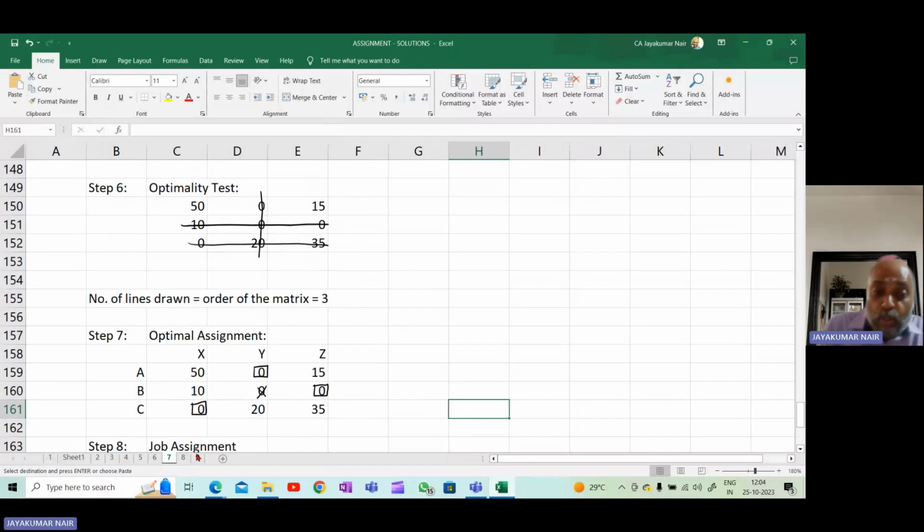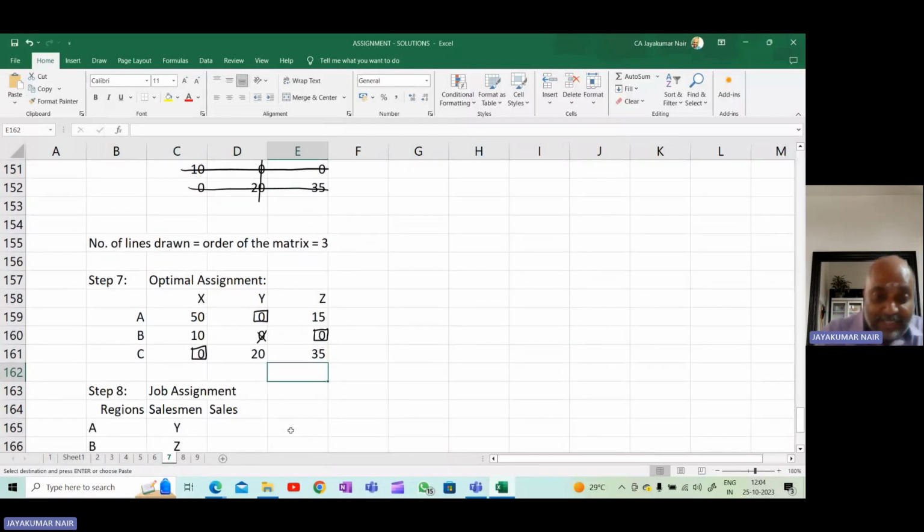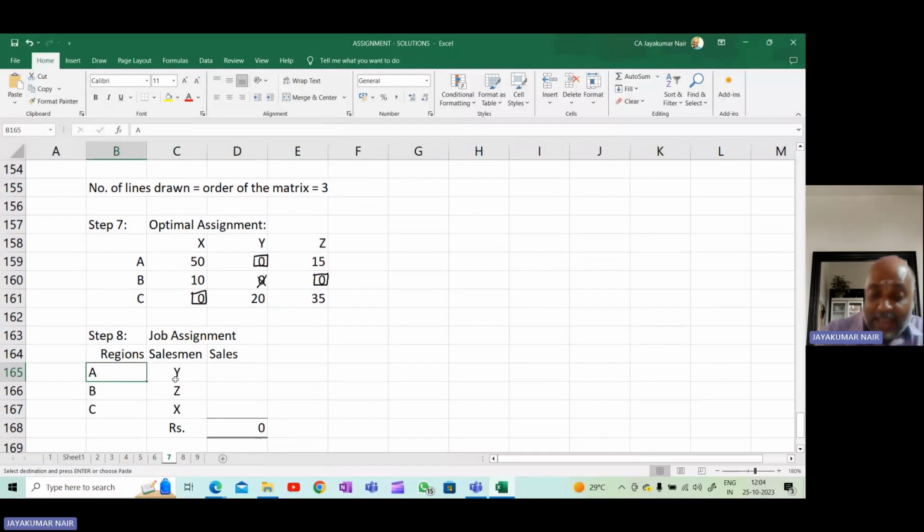So that means Y will be assigned to region A. Z will be assigned to region B and X will be assigned to region C. So the optimal assignment, we will see now.